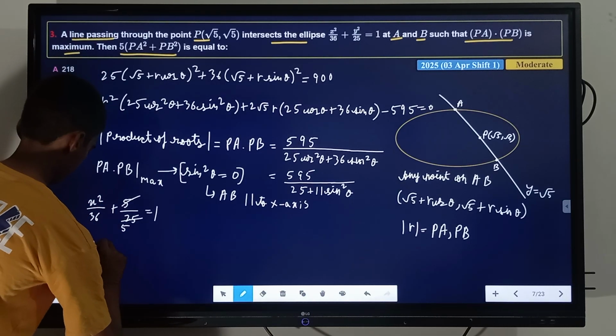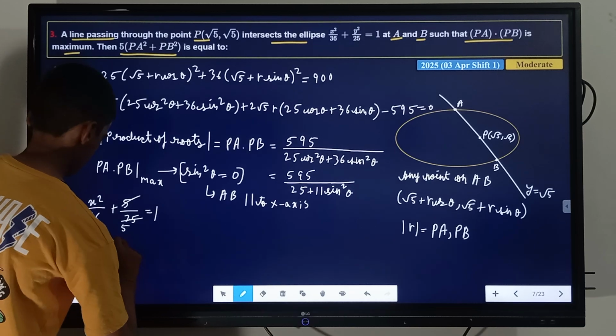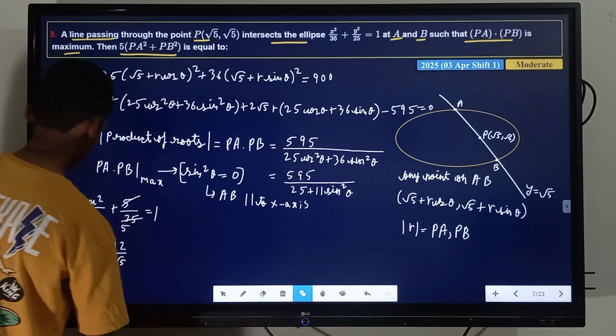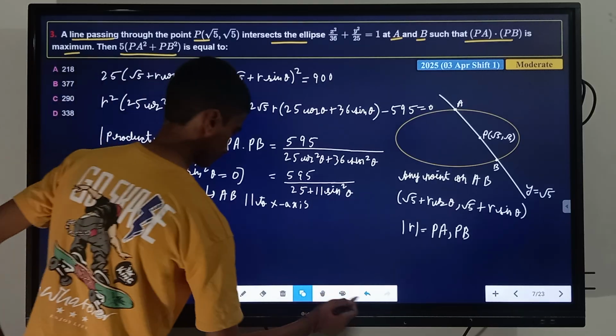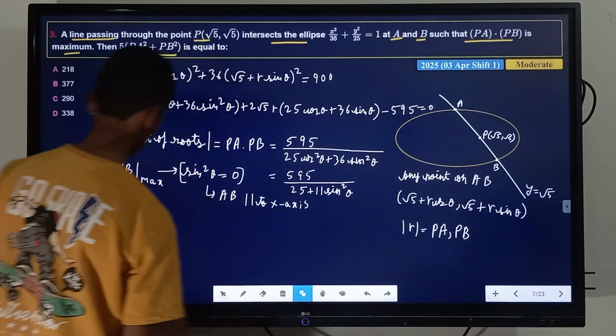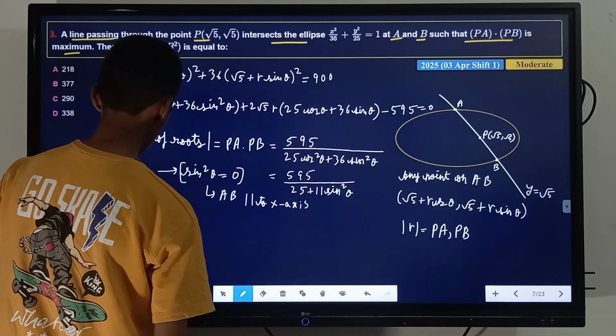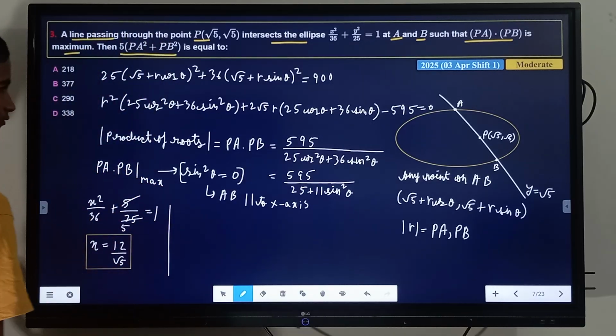So from here x is equal to 12 upon root 5.